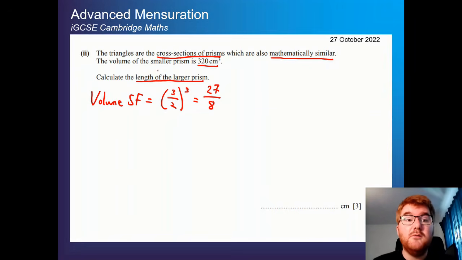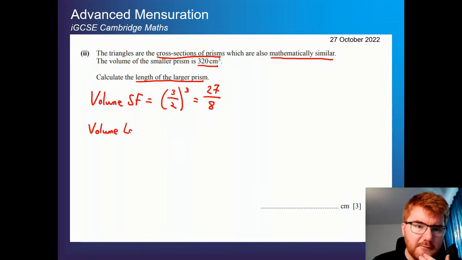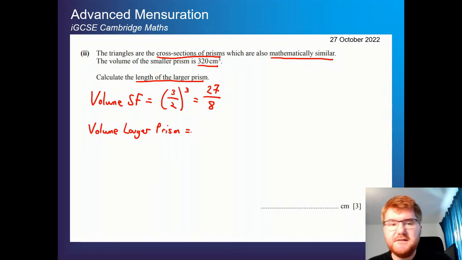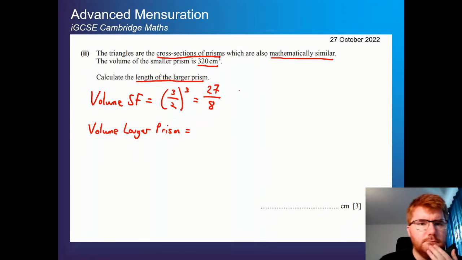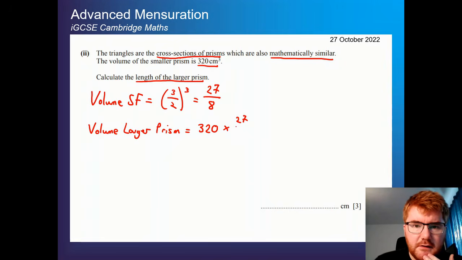But we can certainly work out the volume of the larger prism. So volume of larger prism. Well, that's going to be, got 12 here. So volume of large prism is going to be 320 times 27 over 8.